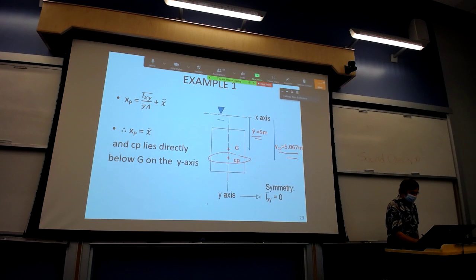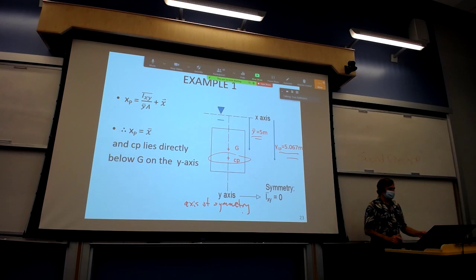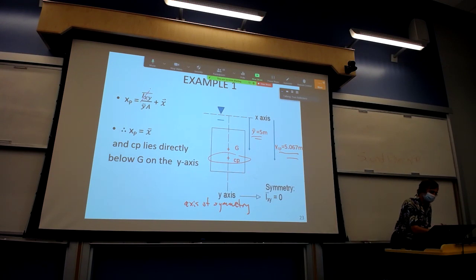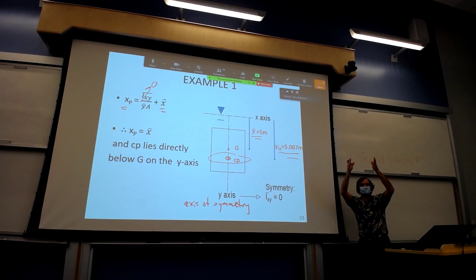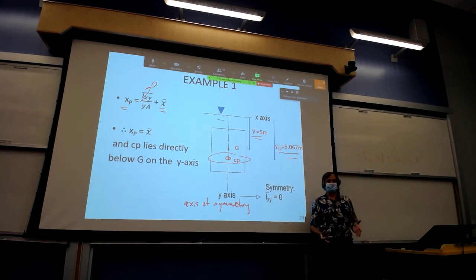And since this y-axis is an axis of symmetry, this is 0, and xp is x bar. All that says is that the center of pressure is acting directly below the center of area.